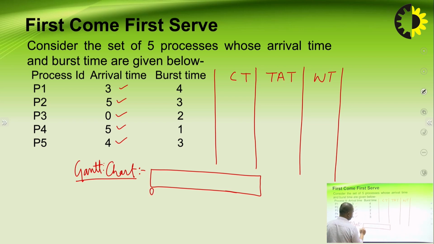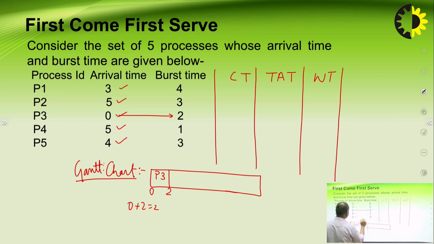So it starts from 0. At time 0, P3 has arrived, and it runs for 2 units, so 0 plus 2 is 2. For these 2 units, has anyone else come? No, no one has arrived around 2.